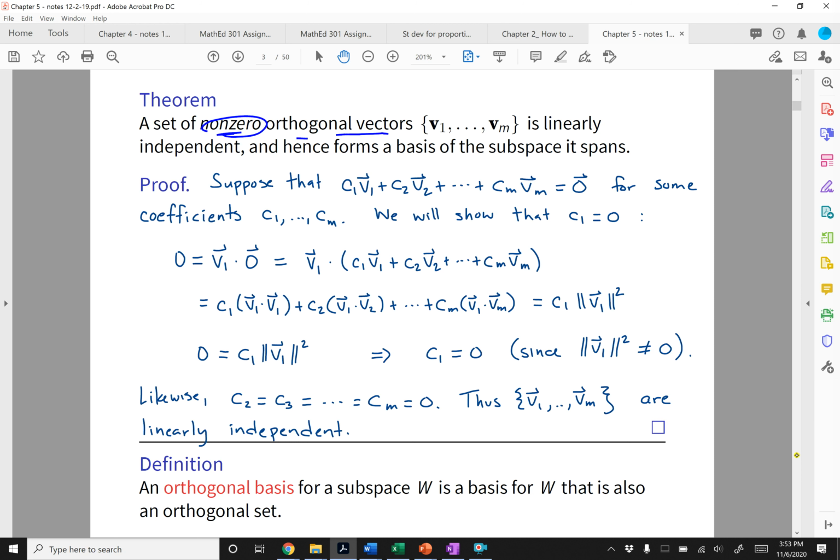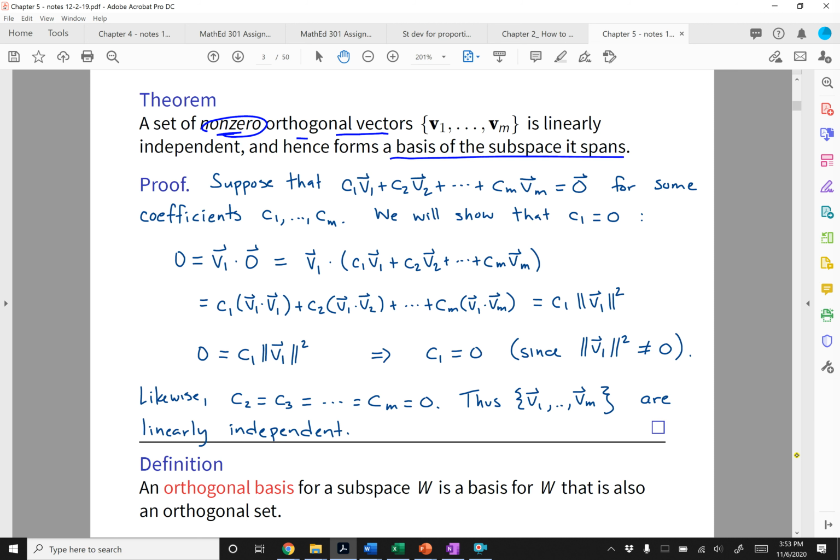If you just have two vectors, they're going to be independent if they're not pointing in the same direction or they're not lying on the same line. And so if they're orthogonal, they're pointing 90 degrees to each other, that can't be the case. And if it's orthogonal to everything in the set, then it's pointing in a different direction than all of the other ones in the set. So that kind of makes sense that they're linearly independent.